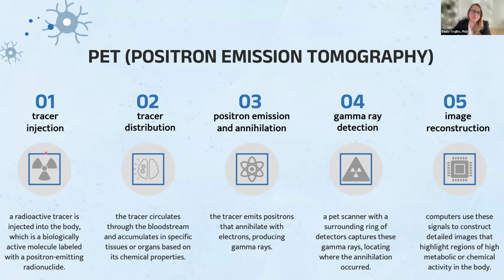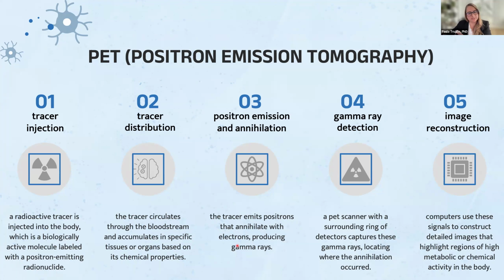So the first step to obtain the PET images is the tracer injection. A radio tracer is injected into the body, which is a biologically active molecule labeled with a positron-emitting radionuclide. This tracer circulates through the bloodstream and accumulates in specific tissues or organs based on its chemical properties.